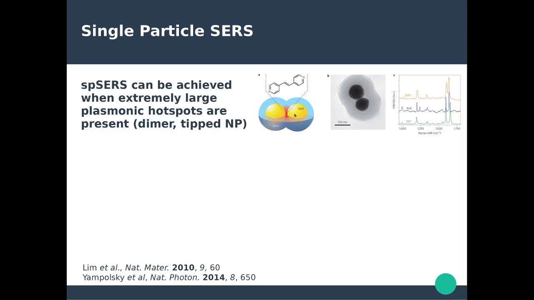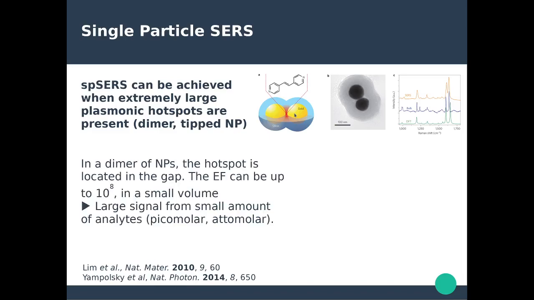You can also have pointy or tipped nanoparticles that also exhibit very sharp features that are going to localize very highly localized fields. So in a dimer like this, basically you can achieve 10 to the 8th for the enhancement factor.